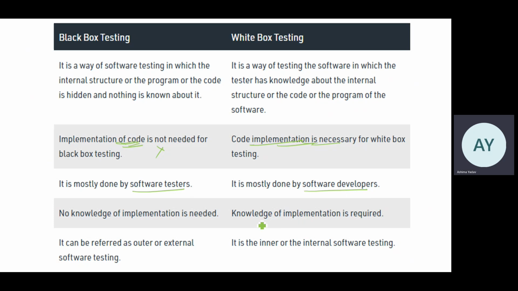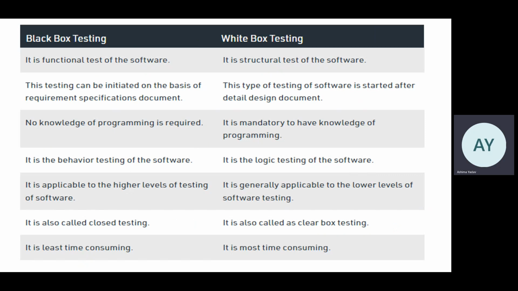because here you need to have knowledge of implementation, and here no knowledge of implementation is required. You are only caring about what output you are getting. As long as you are getting the correct output, you are good to go. So this relates to functional testing. What is the functionality? Input, output, is the functionality matching? Great.